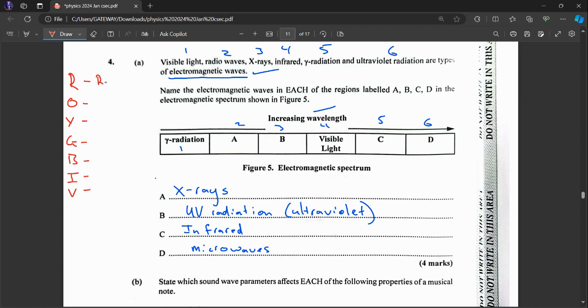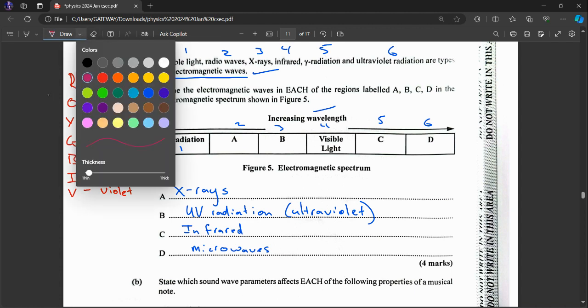R would be red, O would be orange, Y will be yellow, G will be green, B will be blue, I will be indigo, and V will be violet. Just in case they have asked you to list it. Very important to note.